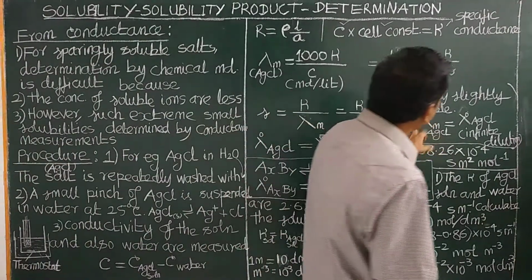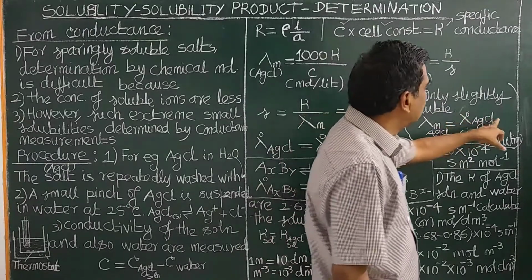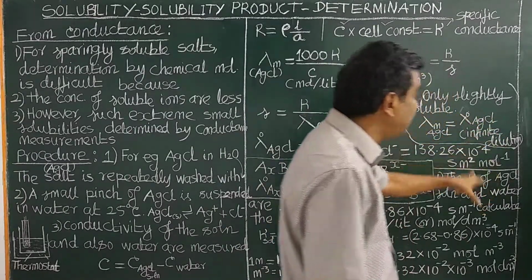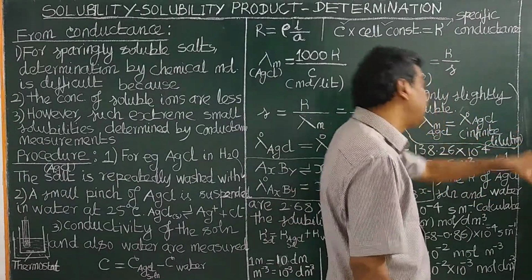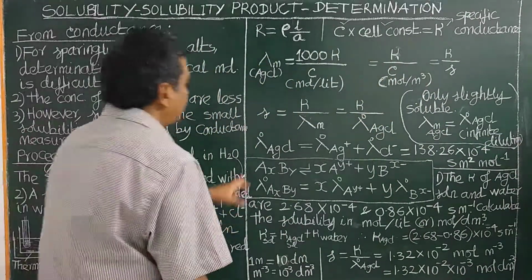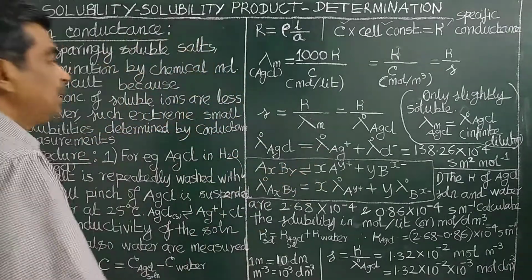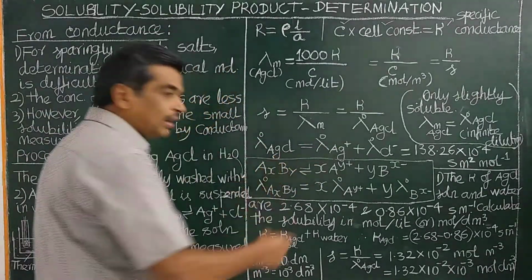Therefore, the molar conductance lambda of AgCl solution is equal to lambda naught, the molar conductance at infinite dilution, or in limiting concentration, or in zero concentration. Lambda naught AgCl is obtained, for a weak electrolyte, using Kohlrausch's law.